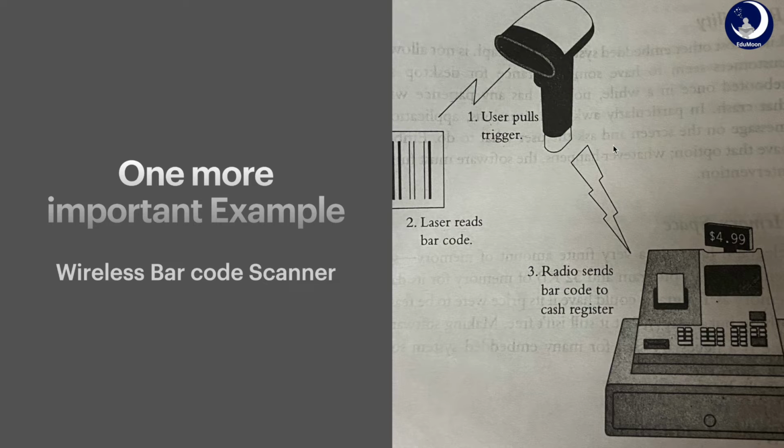Whenever the user pulls the trigger, the barcode scanner activates its laser to read the barcode, right? Once it reads the barcode, it sends the barcode across a radio link to the cash register. This is how a wireless barcode scanner works.